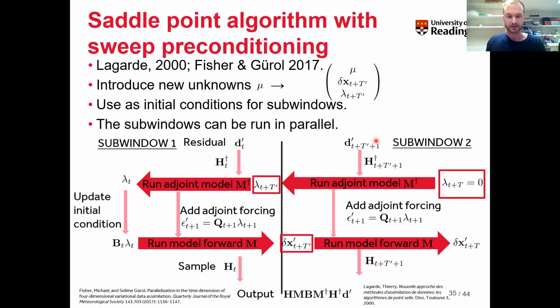Since the subwindows cover only half the time of the full analysis window, the time to run each window is reduced compared to the full run, and you can run these windows in parallel. But as you have introduced new unknowns, you have to add equations for these unknowns as well.